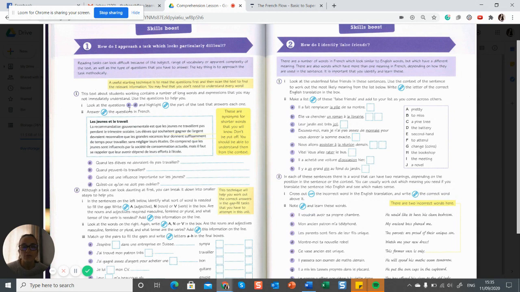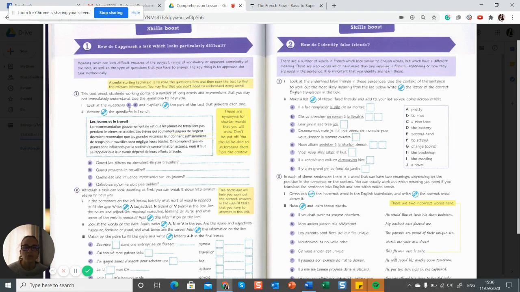Because as I told you before, you're in higher now, and sometimes they will be tricking you, like putting different keywords for the same questions, and only the little words like negations or little ands, little buts are going to help you really understand which one is actually the right answer. So don't jump to the conclusion, but do read the question first.